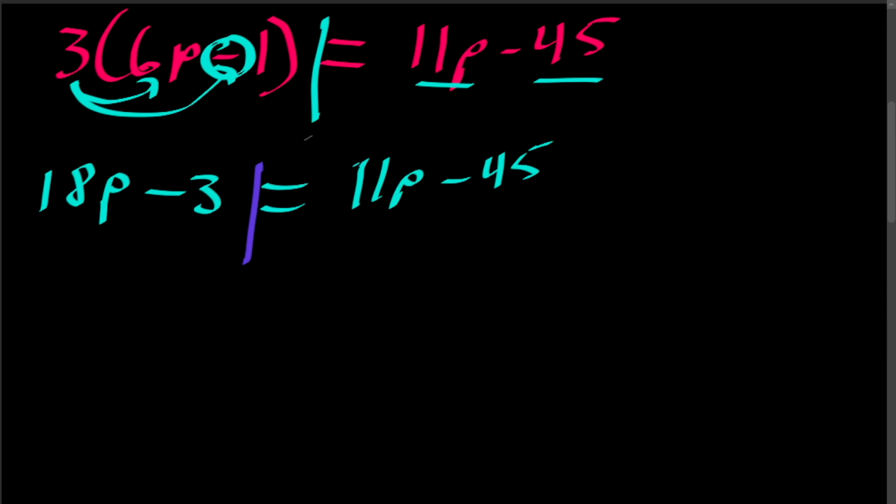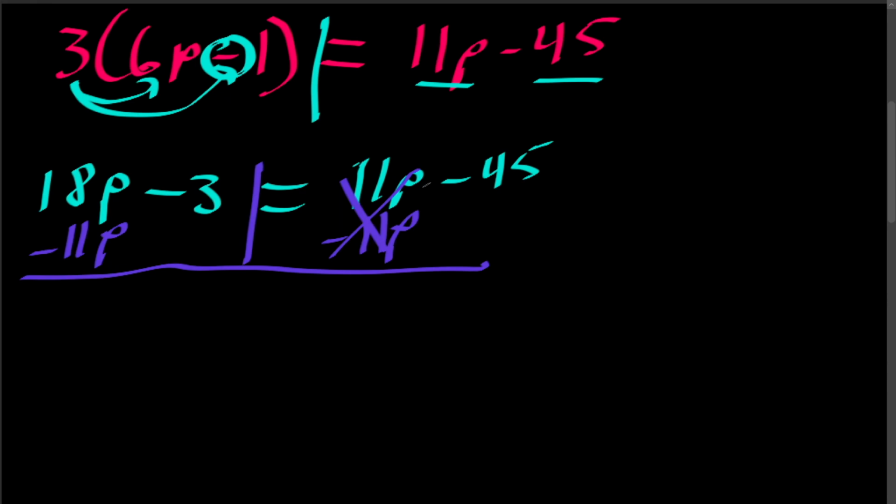How could I make 11p become 0 if I add or subtract something to 11p? I could subtract 11p. And then what I do to one side, I do to the other side. So now that's going to cancel, because if you think about it, 11 minus 11 is 0, and that would give me 0p. 0 times p is just 0. So that's why this cancels.